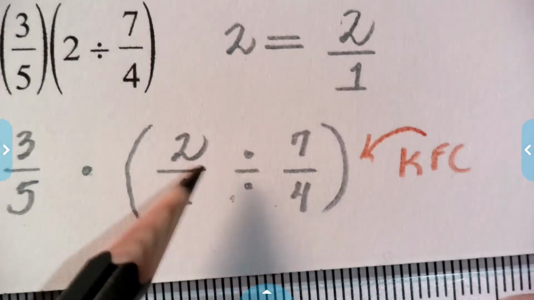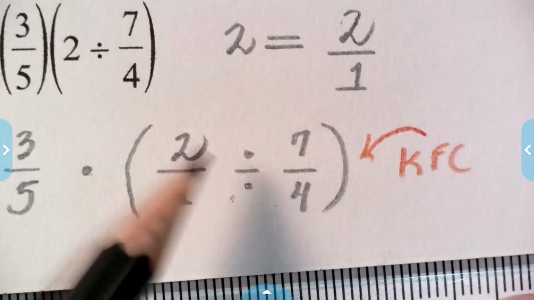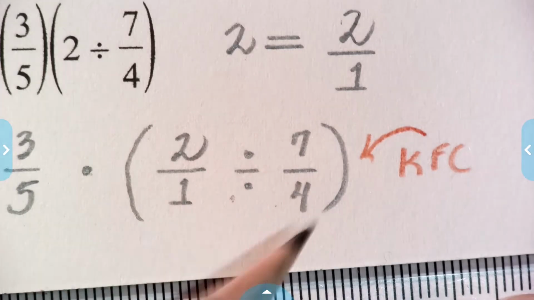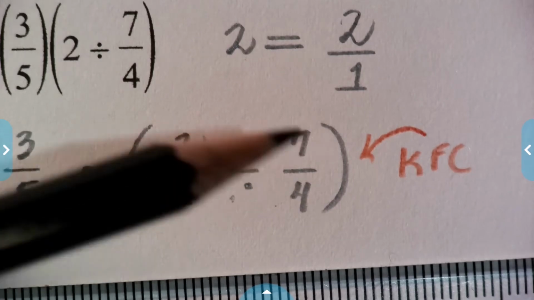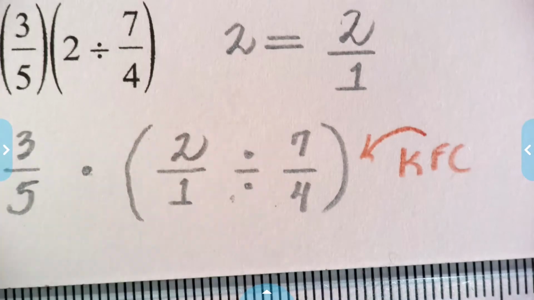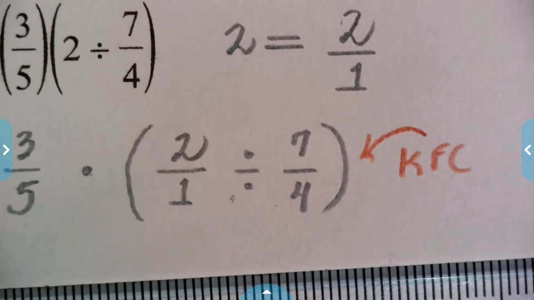The reciprocal is 4/7, so multiply 2 over 1 by 4 over 7. To me, we multiply by the reciprocal. In my mom's generation, she would say invert and multiply. Inverting 7/4 would make it 4/7. So it's identical to multiply by the reciprocal.